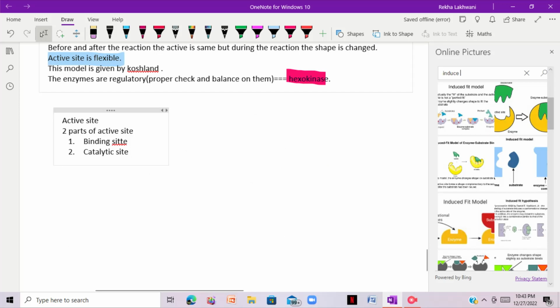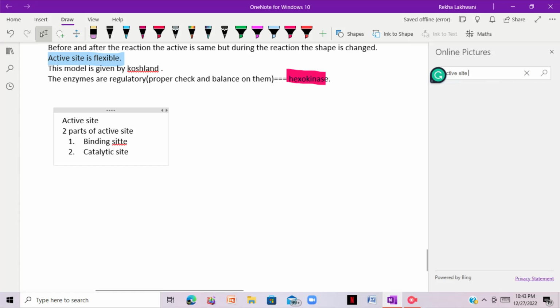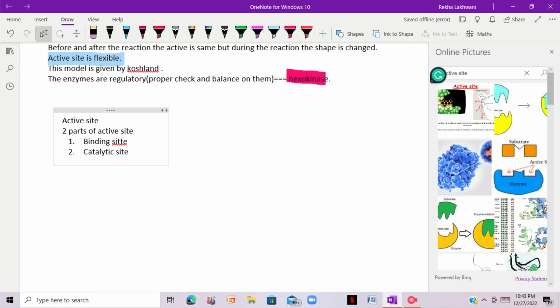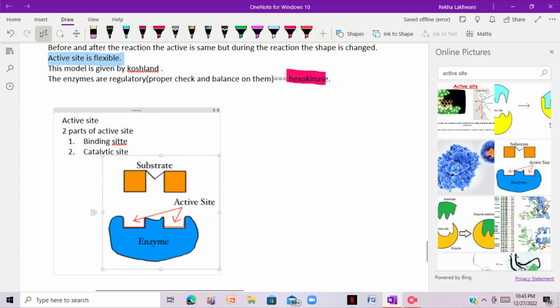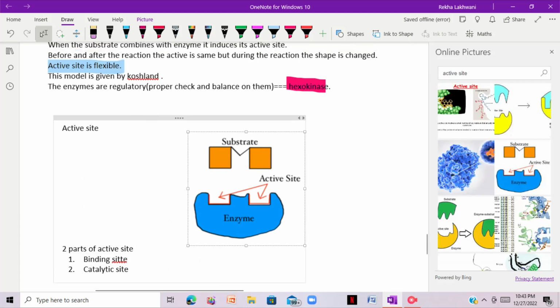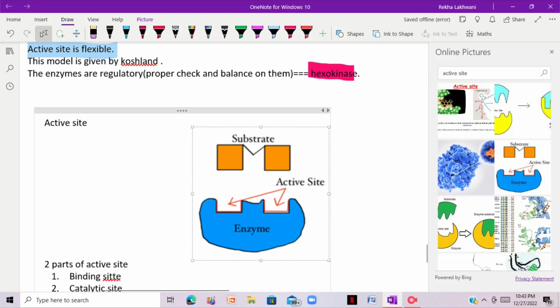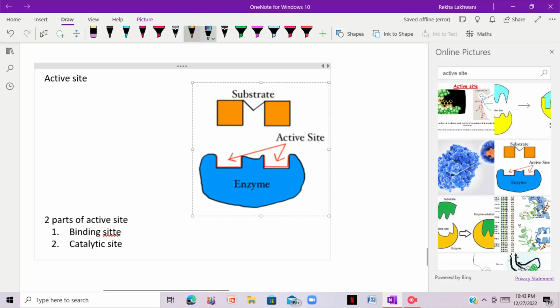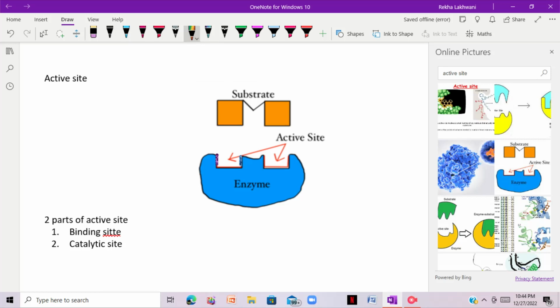As you can see in the diagram, this region is known as the binding site. It forms temporary bonds, hydrophobic interactions or hydrogen bonding, with the substrate at the binding site.